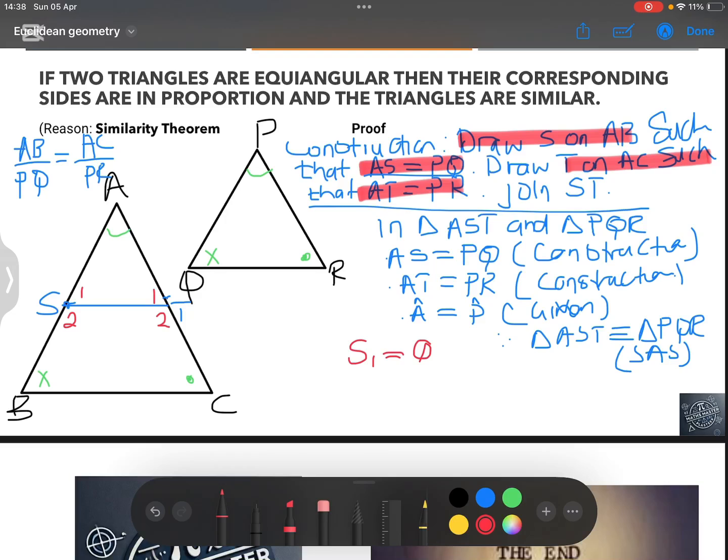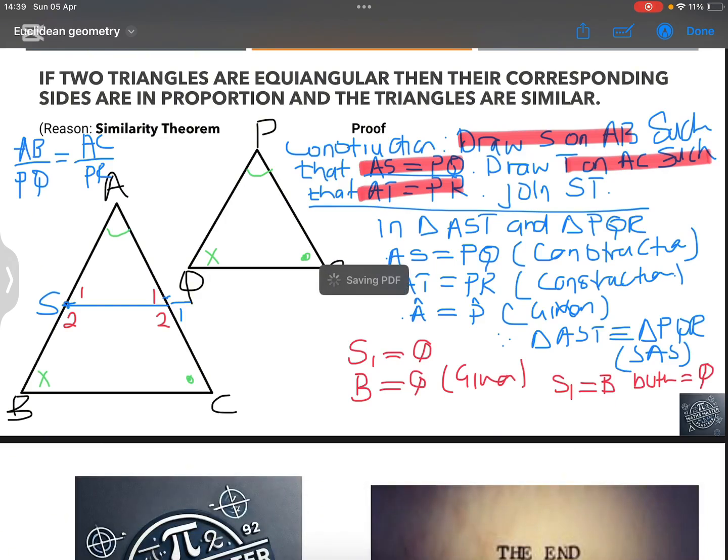And if Q is equal to S1, then B is equal to Q, because it is given. So that tells you that S1 and B are equal, both equal to Q.